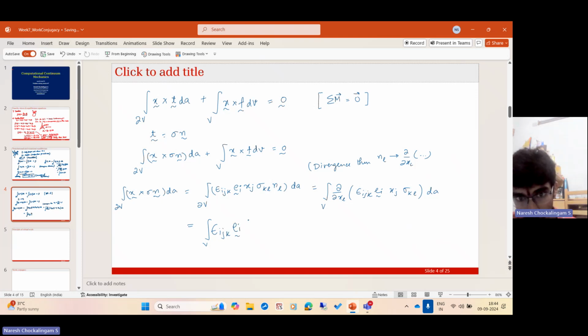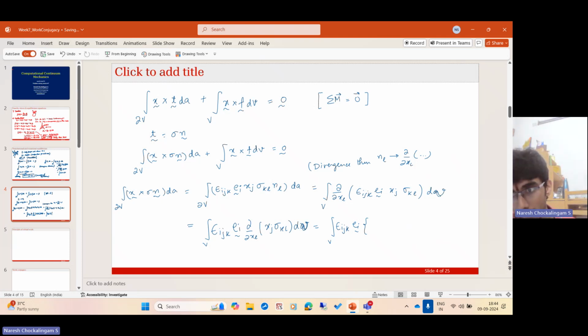You're left with partial by partial xl of xj sigma kl. And simplify, use the product rule. So this becomes epsilon ijk ei, and this is dV, once you convert it to a volume integral.